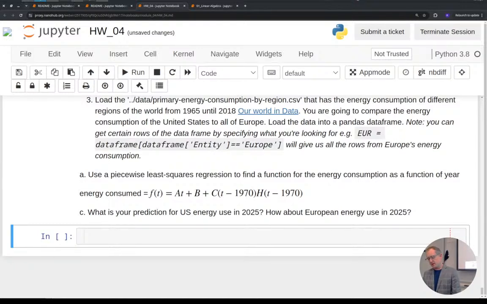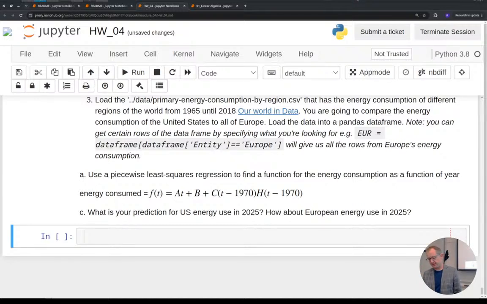This one doesn't really matter, you're just changing the formula. The main exercise is creating a piecewise linear fit that's continuous, at least C0 continuity. The derivative is not continuous, but the function is. If you look at 1970 and think that can't be right, Professor Cooper's lost his mind, it's totally fine to choose a different year.